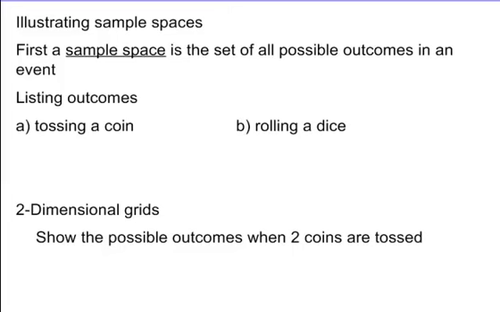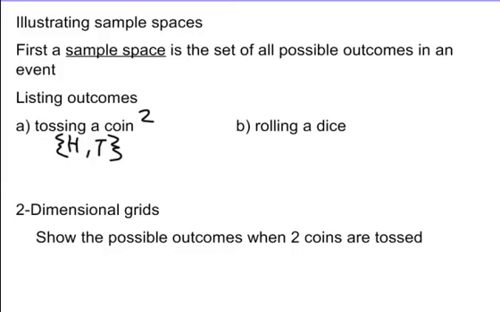Now, if we have a coin, we have two different outcomes that there could be. There could be either heads or tails. And when we list our possible outcomes, we want to list how many there are. So we could have a heads or a tails if we're flipping just one coin.